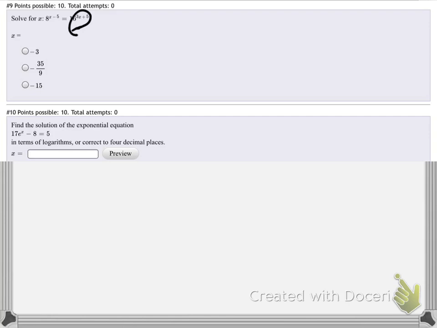You could be like, well, 16 is just 8 times 2, but it doesn't help us with a like bases approach, because really what I'm hoping to do is describe both 8 and 16 as being a power of some smaller number. And if I were to see this problem doing the homework, what would come to mind for me is 8 is 2 to the third. That's the 8 part.